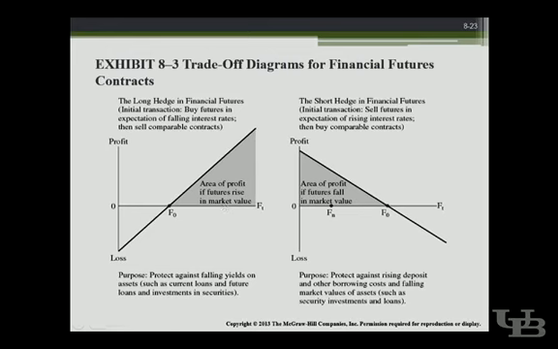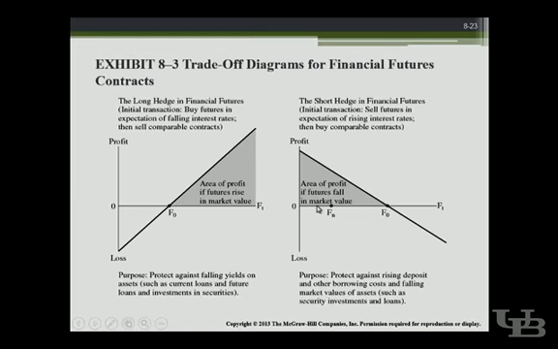This is a graphical presentation of what is known as a short hedge with expected rising rates, and a long hedge with expected falling rates. This is rates declining, this is rates rising. Rising rates are associated with the short hedge, declining rates are associated with the long hedge.